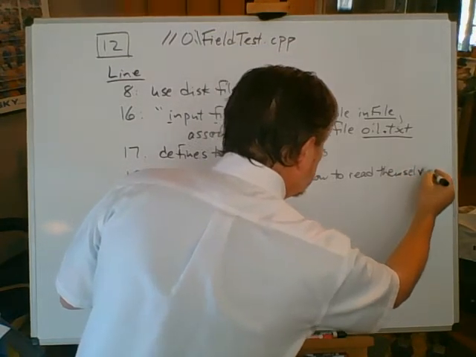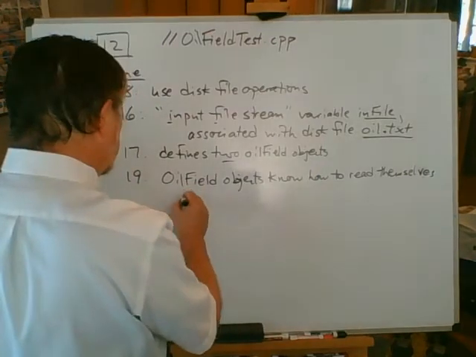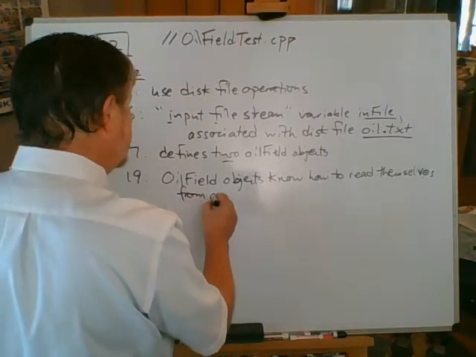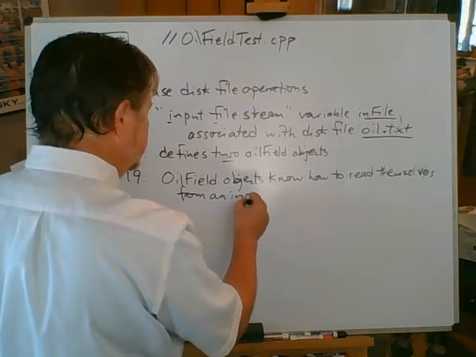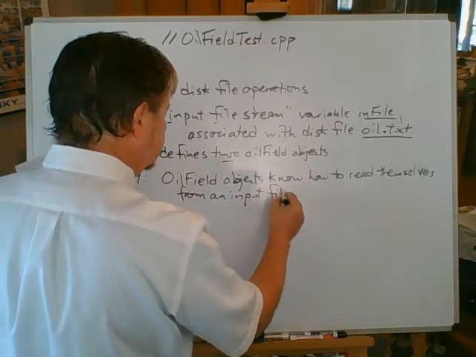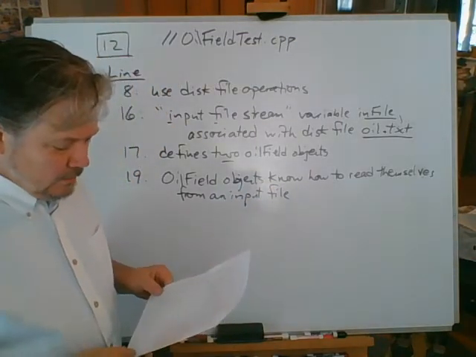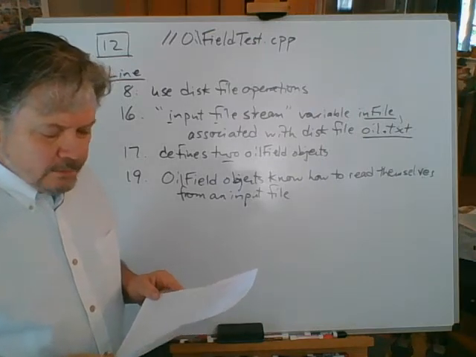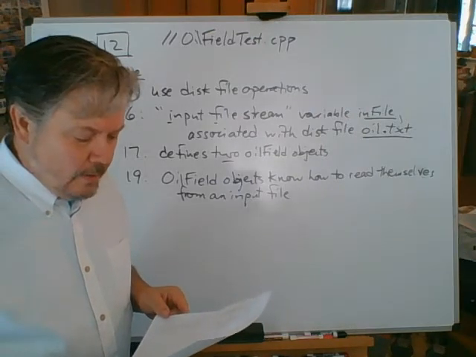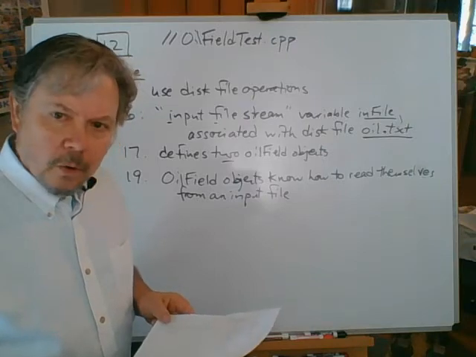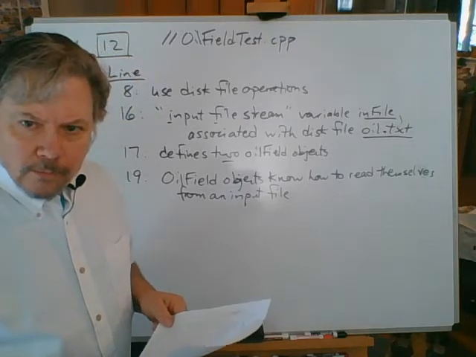Oil field objects know how to read themselves from an input file, to be specific. A little bit redundant, but still, I'm striving for clarity. They know how to read themselves from the file. Therefore, we can just call read. Go read yourself from this file that I opened for you.